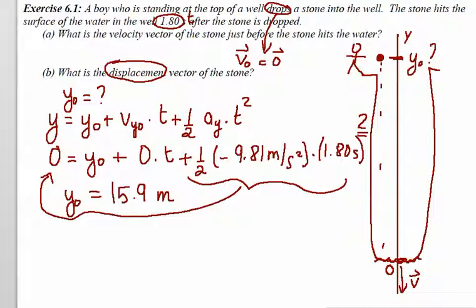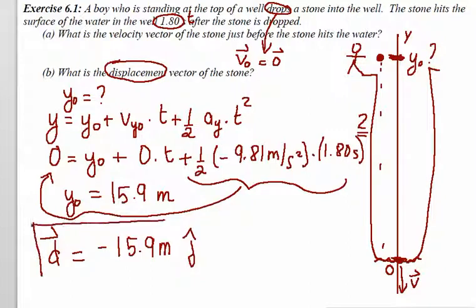So now you know that the distance between that point and that point is 15.9 meters. Your displacement is a vector, so it's 15.9 meters, but the displacement is down, so negative 15.9 meters j hat. That's your displacement.